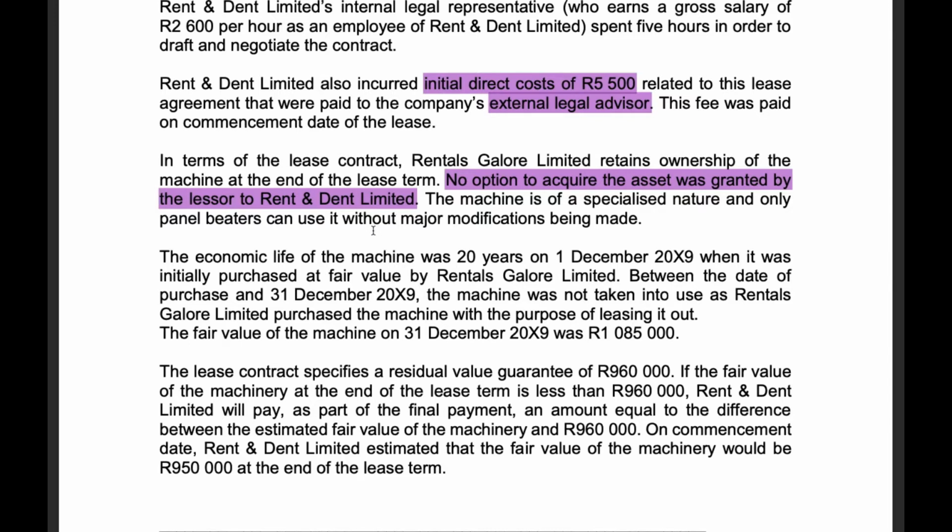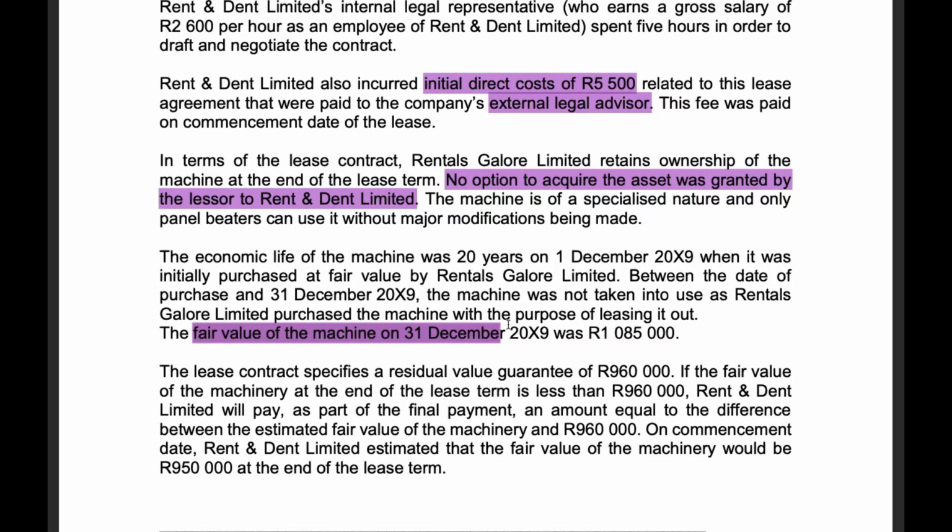The economic life of the machine was 20 years on the 1st of December 2009 when it was initially purchased at fair value by Rentals Galore Limited. Between the date of purchase and the 31st of December 2009, the machine was not taken into use as Rentals Galore Limited purchased the machine with the purpose of leasing it out.